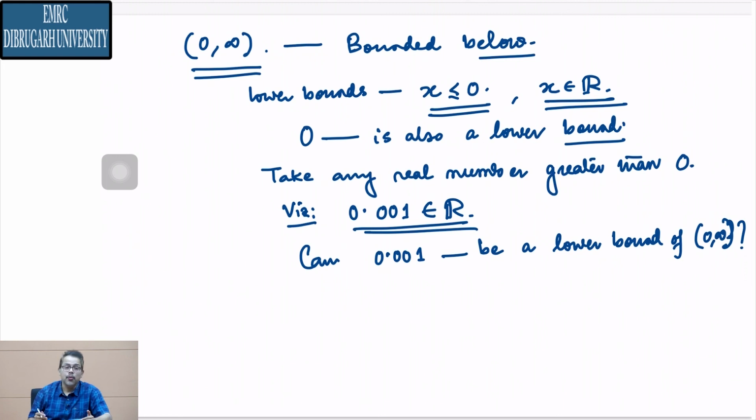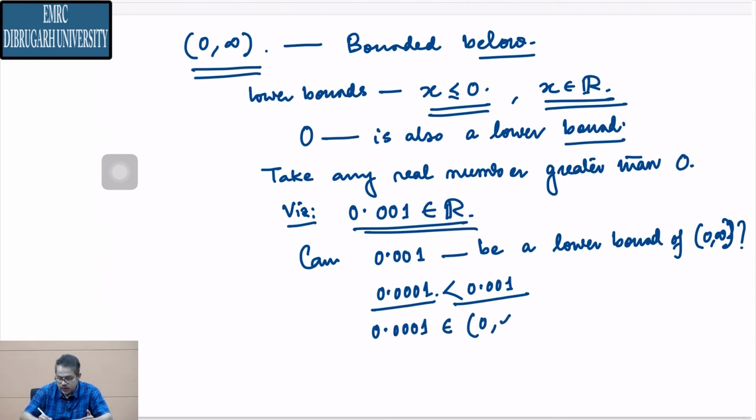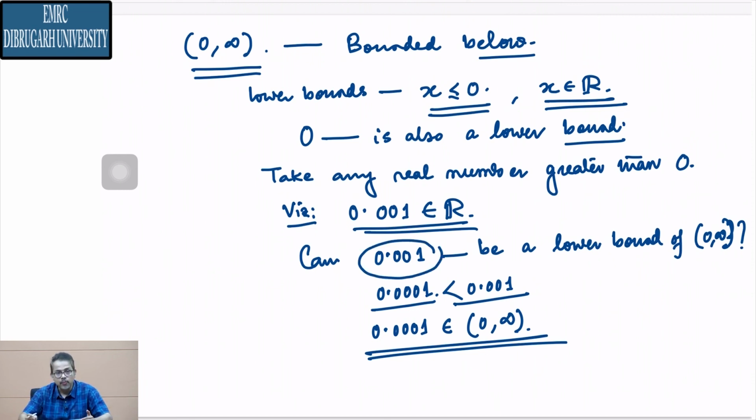The answer is no. Why? Since you can always find another number, say 0.0001, which is smaller than 0.001, and this 0.0001 is also in this interval. Therefore, 0.001 can never be a lower bound of (0, infinity).